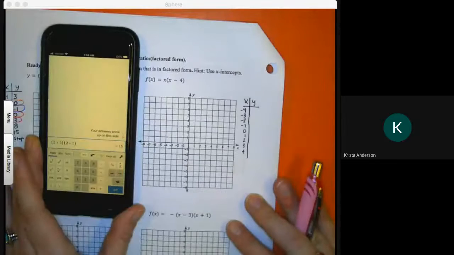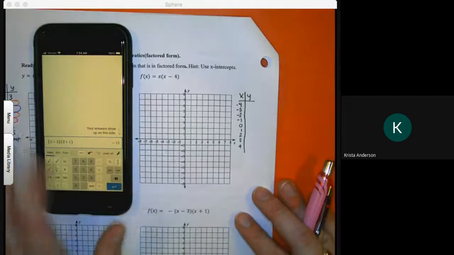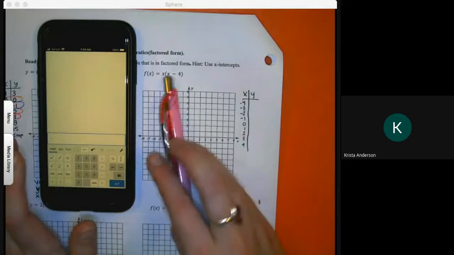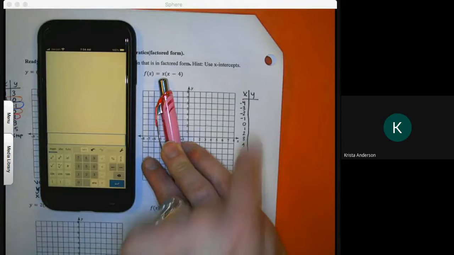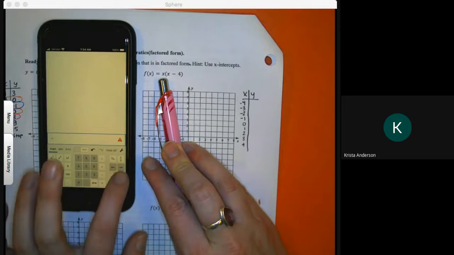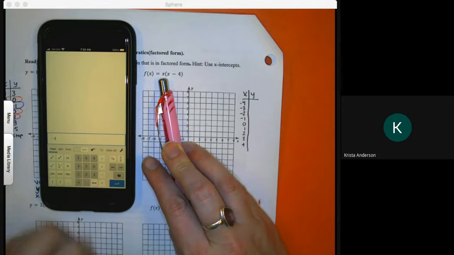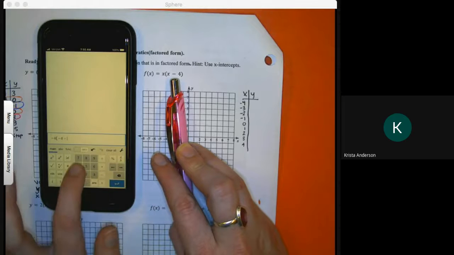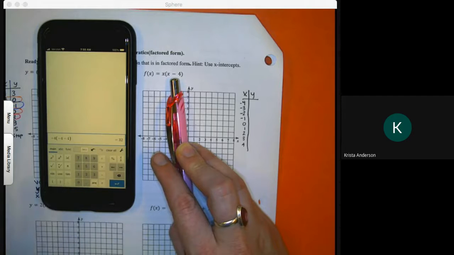Let's see. You can get it. So I have my x value, which I'm going to replace with a -4. Parenthesis. I plug in a -4 and then -4 from that and close.